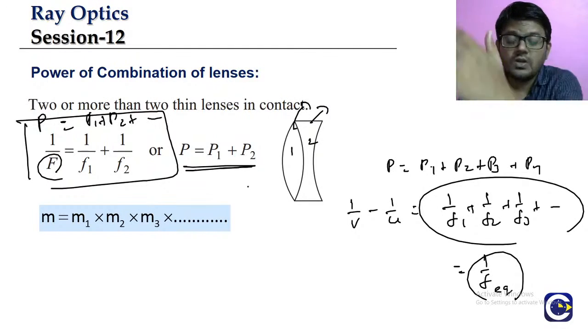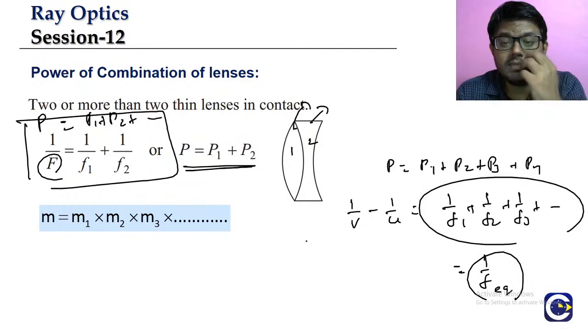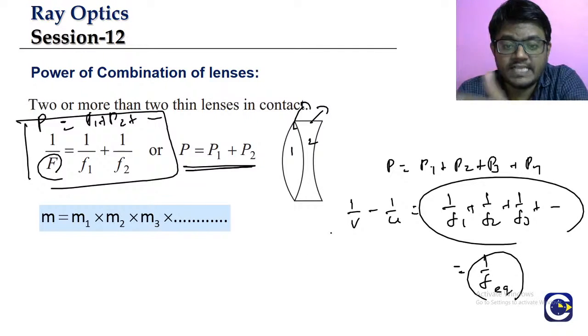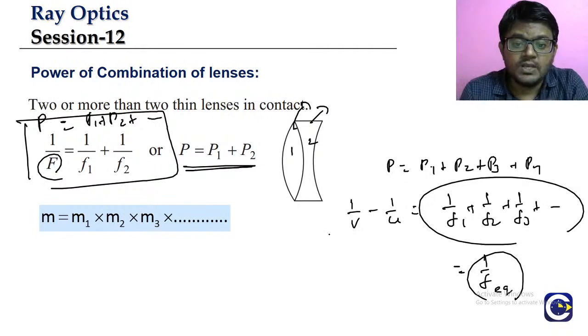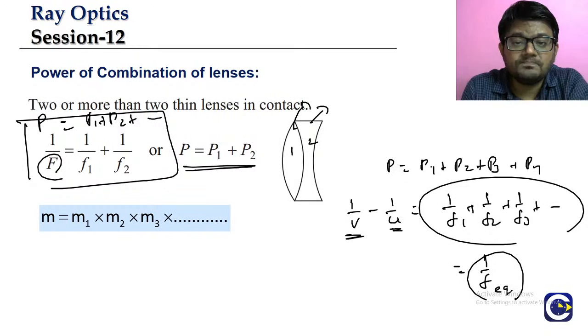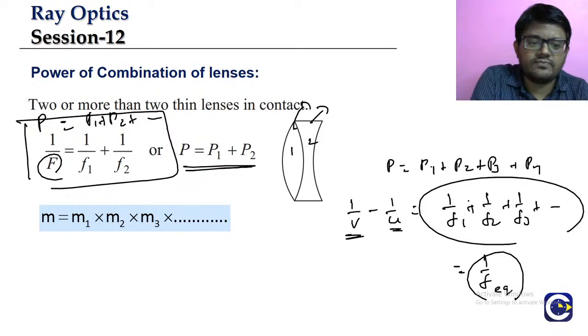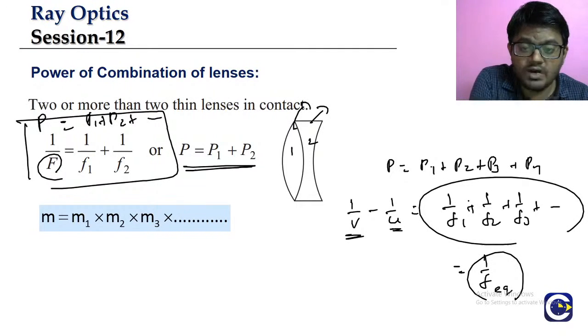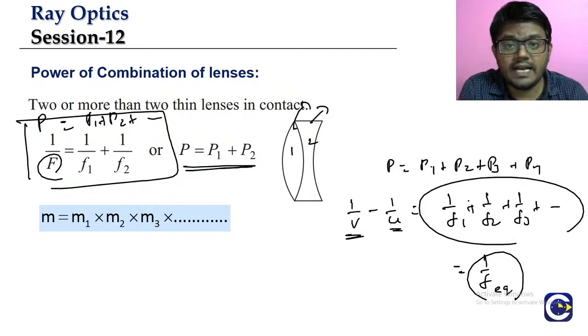When you have a combination of lenses, the image of the first lens will be the object for the second, and so on. So when you add up all the lens equations, we will get 1 by V, where V is the final image distance, minus 1 by U, the original object distance, equal to 1 by F1 plus 1 by F2, for however many lenses we have, all of them added like that.